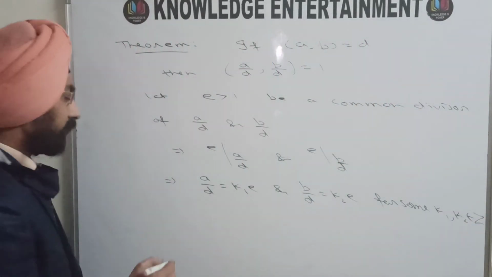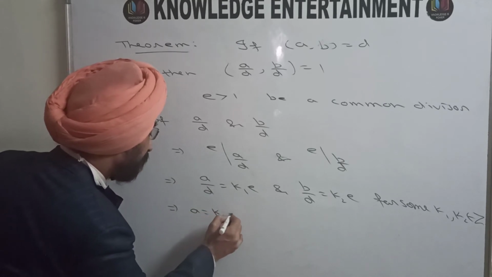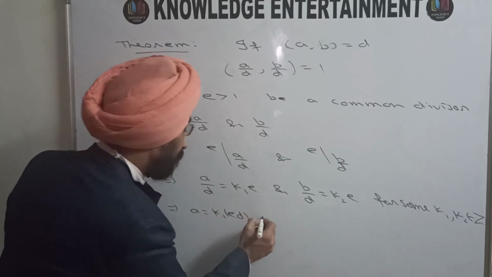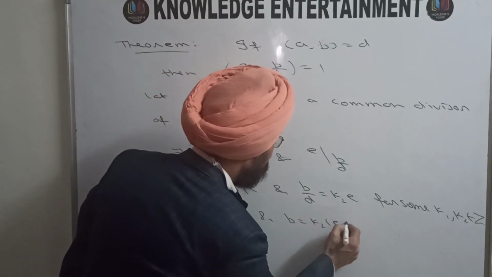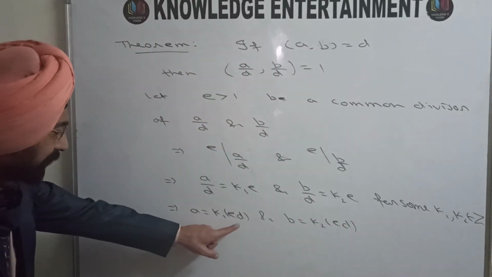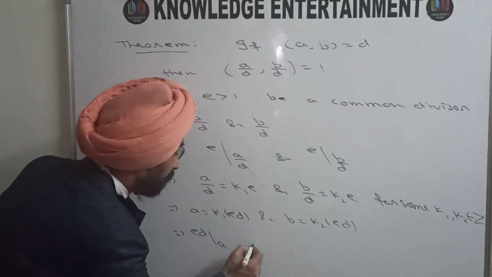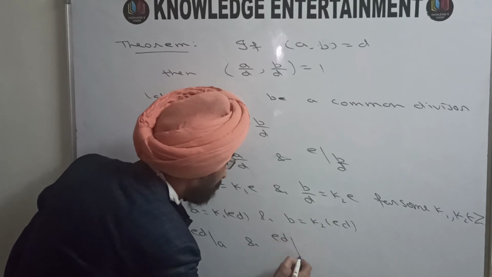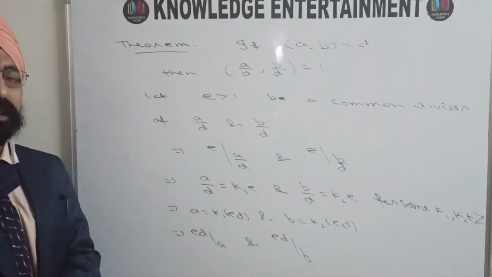And from here you can write A is equal to k1 E D and B is equal to k2 E D. And this means ED divides A and ED divides B.